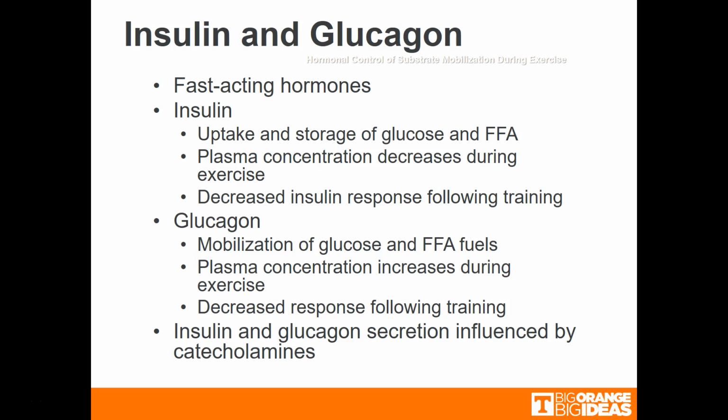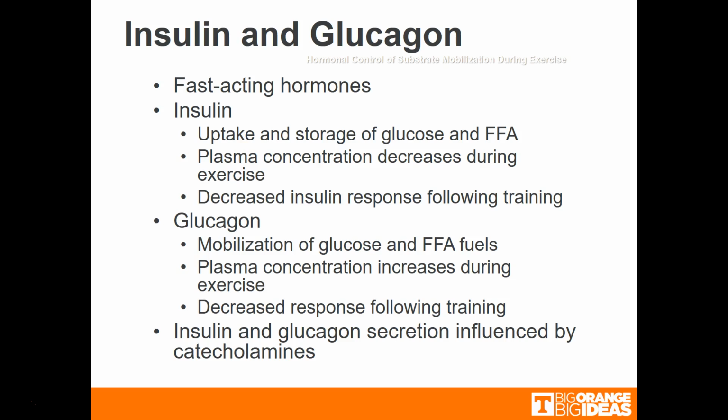So the fast acting hormones, insulin and glucagon. Insulin's responsible for the increase of glucose through the muscle and free fatty acids. When you have an increase in insulin concentration, that leads to more glucose being taken up by the muscle.